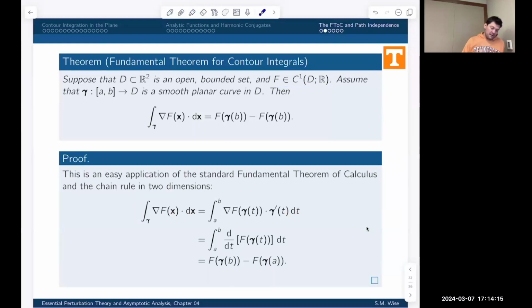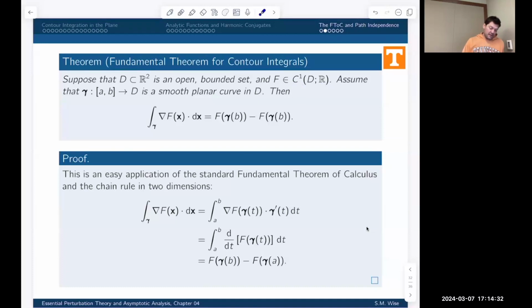So this is the fundamental theorem for contour integrals of the real type. Okay, so f is a function from an open set in R2 into R1, and it's a C1 function.